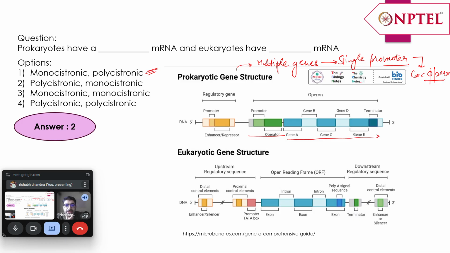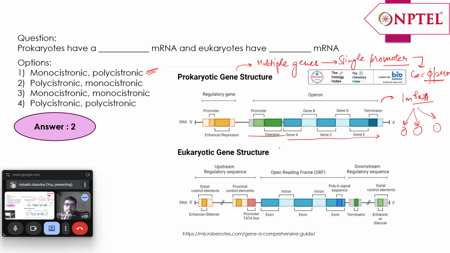So in this case, only one mRNA would be produced, and this one mRNA will lead to multiple proteins. That means there are multiple cistrons present in this particular gene.